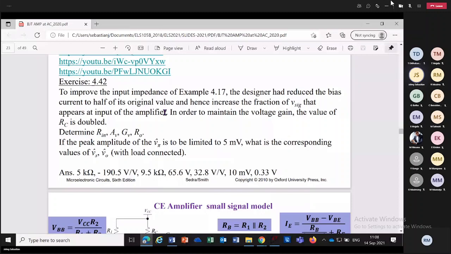RC in the new case is, previously it was 5 kilo ohm, now it is 10 kilo ohm. Your R signal and RL remain at 5 kilo ohm. And beta is 100, and VA is 100.